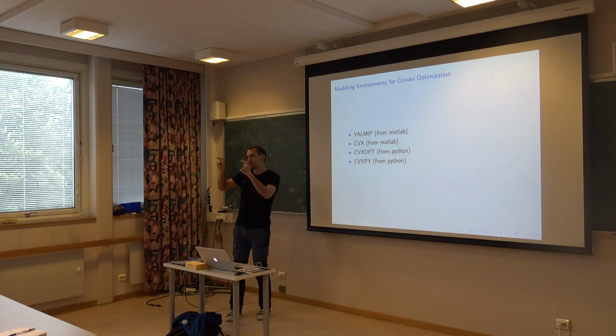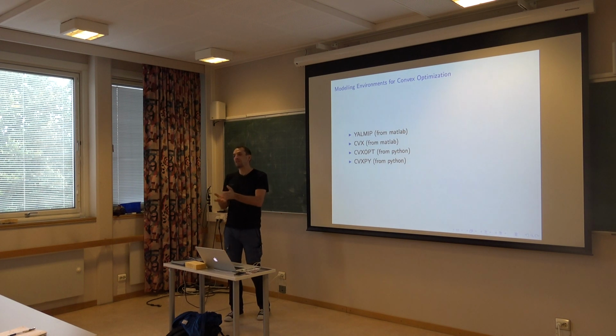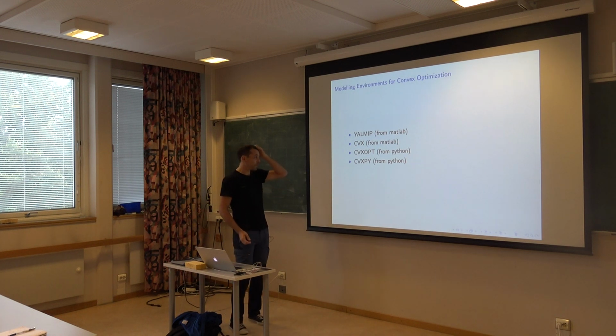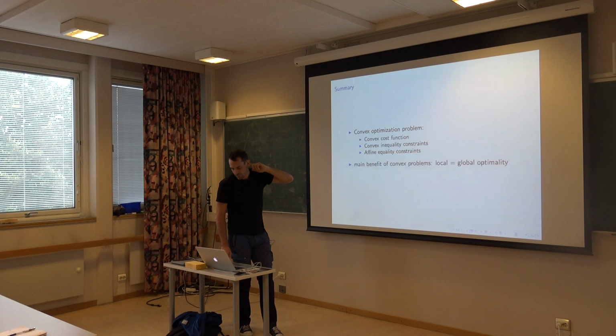It's called disciplined convex programming. The structure of the programming language disciplines you into writing convex problems. So if you learn how to use this language and respect the disciplined convex programming approach, then you have a convex problem by construction.